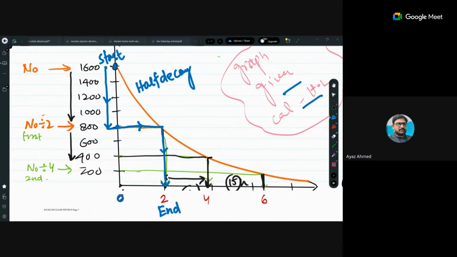In this way, whatever number you get from the x-axis, that is your half-life. Simple, right? For example, if I start from 800, 800 to 400, I will go this way, then 400 to the curve, and then from the curve to the x-axis. It means the half-life is this, 800 was at this point, right? So this is the half-life.